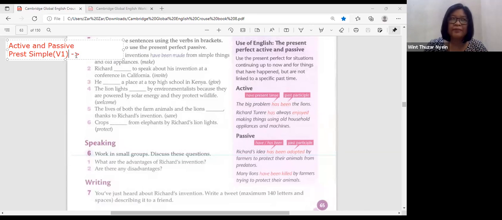If we say verb to be, the present simple of verb to be will be am, is, are. If we say verb 1, it may be go, come, study. These are verb 1.